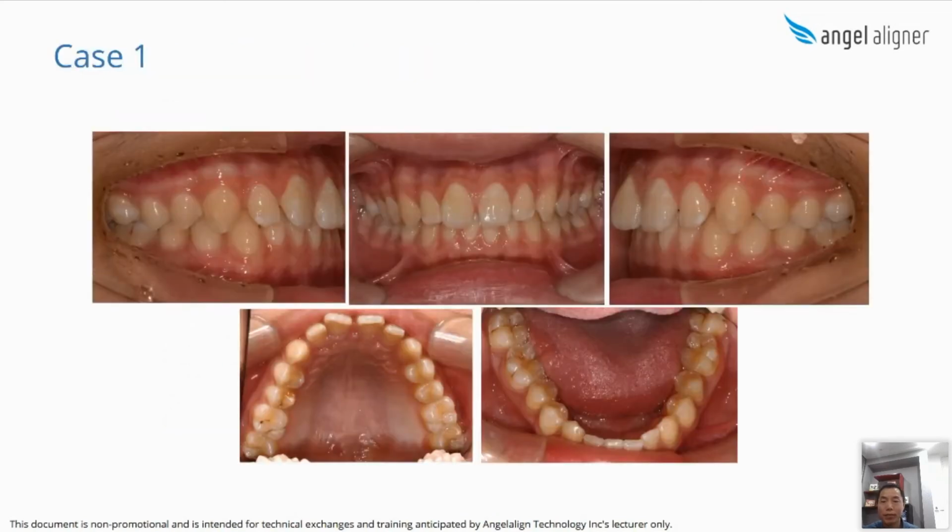This case, you can see, this is a rotation of more than 35 degrees. As we know, premolar derotation is a challenge for clear aligners, especially the lower premolar for its round shape, even with attachment.